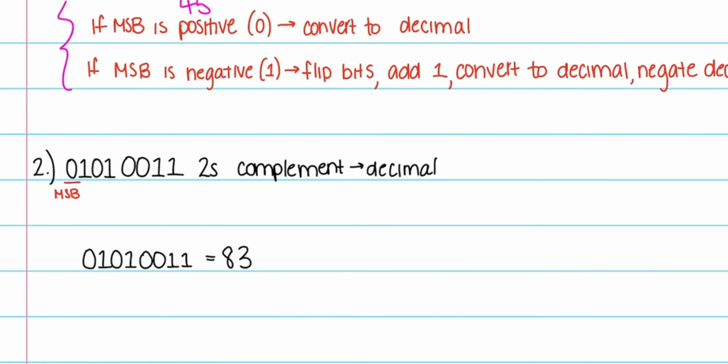So in this case, we have 0101 0011, which is the binary representation for the value 83. So 0101 0011 2's complement is equal to 83 in decimal.